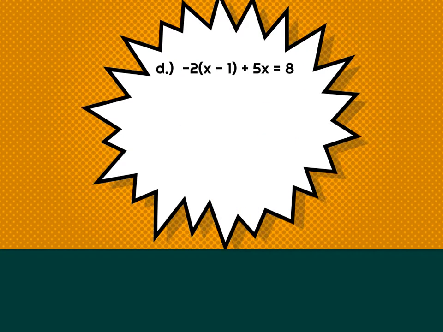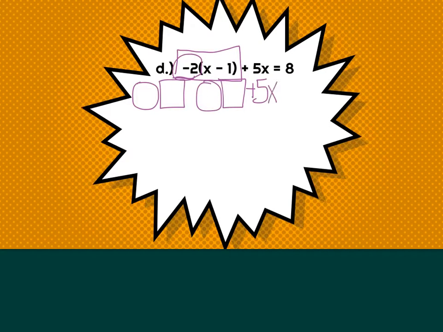D. Negative 2 times the quantity of x minus 1 plus 5x equals 8. Our first step is to distribute, so we will look at just this area that has the parentheses, and we're going to share the negative 2. So I will draw a circle, a square, a circle, a square. I'm going to bring down everything else just so we don't forget it. So I have plus 5x equals 8.